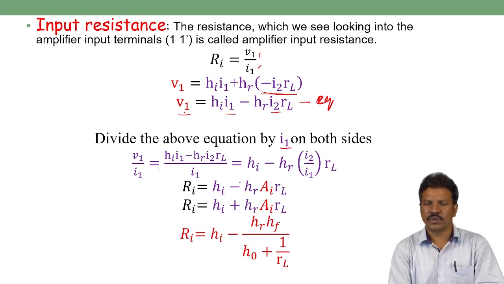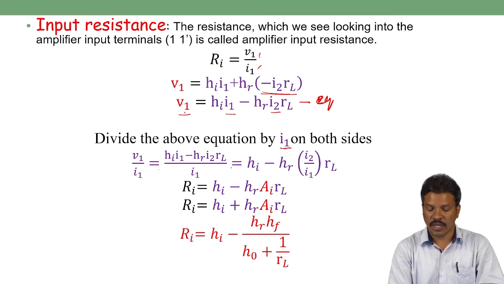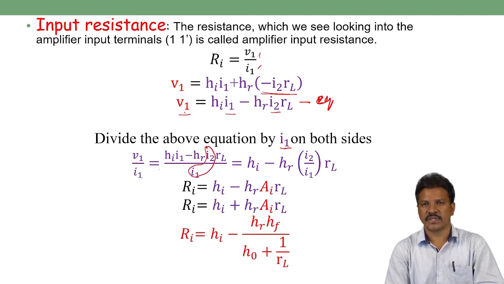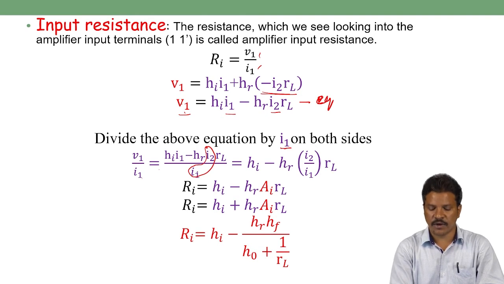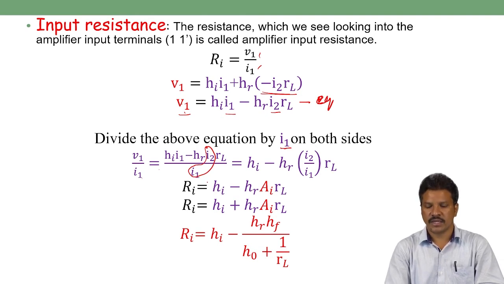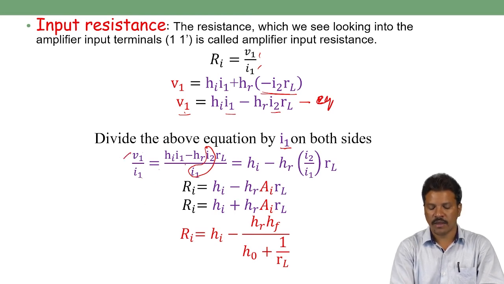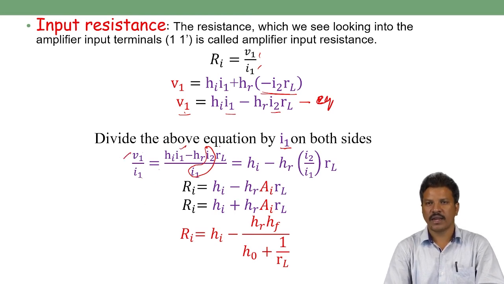So what is the purpose of dividing by I1? The idea behind this division is that we get the ratio I2 by I1, and we have already calculated the current gain. So we can replace I2 by I1 with the current gain and relate the entire equation in terms of input resistance.